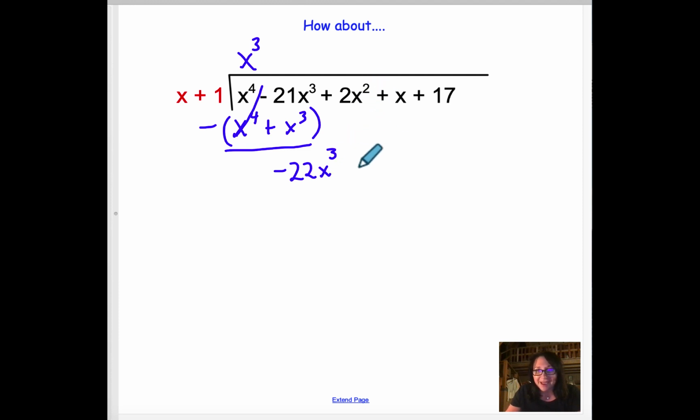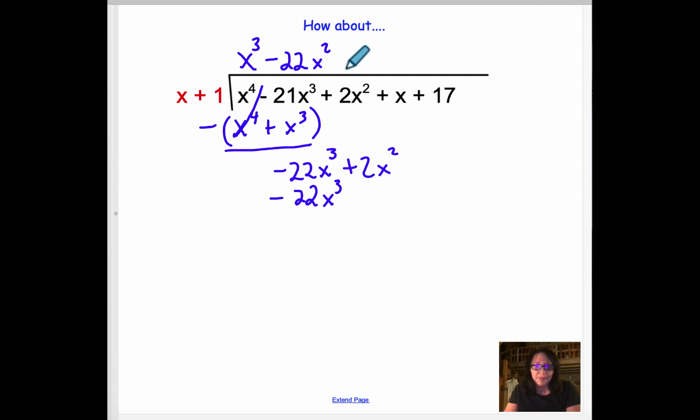And then I got to bring down my next term, 2x squared. X times what is negative 22 x cubed? Well, that's going to be negative 22 x squared. So you get that number up, and then you multiply it through. So negative 22 x squared times x is going to give me negative 22 x to the 3rd.